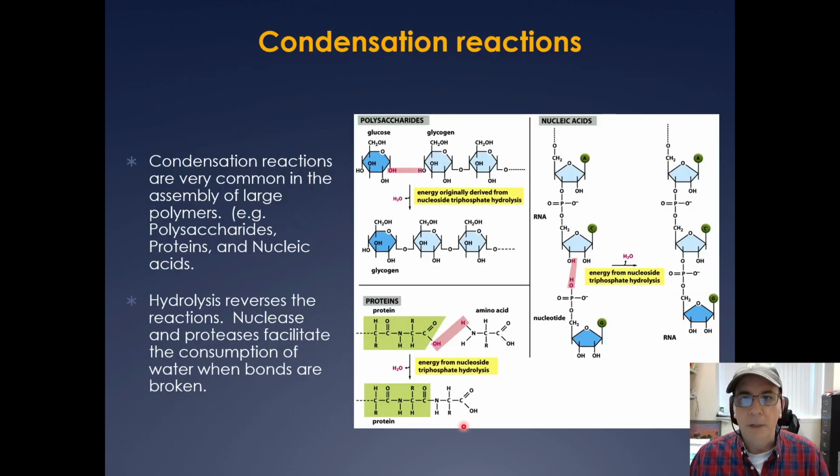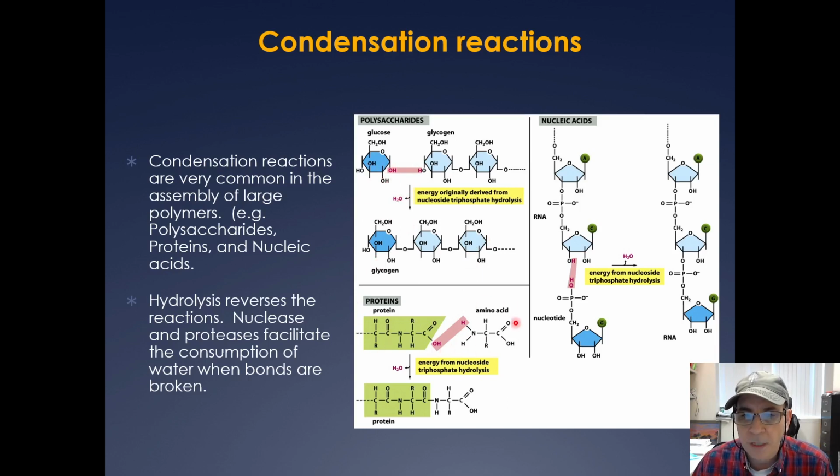And some of the most notable condensation reactions are if you're basically generating polysaccharides. So you can add a glucose molecule to existing glycogen, and you basically get a condensation reaction and water is released. This happens when proteins are synthesized.